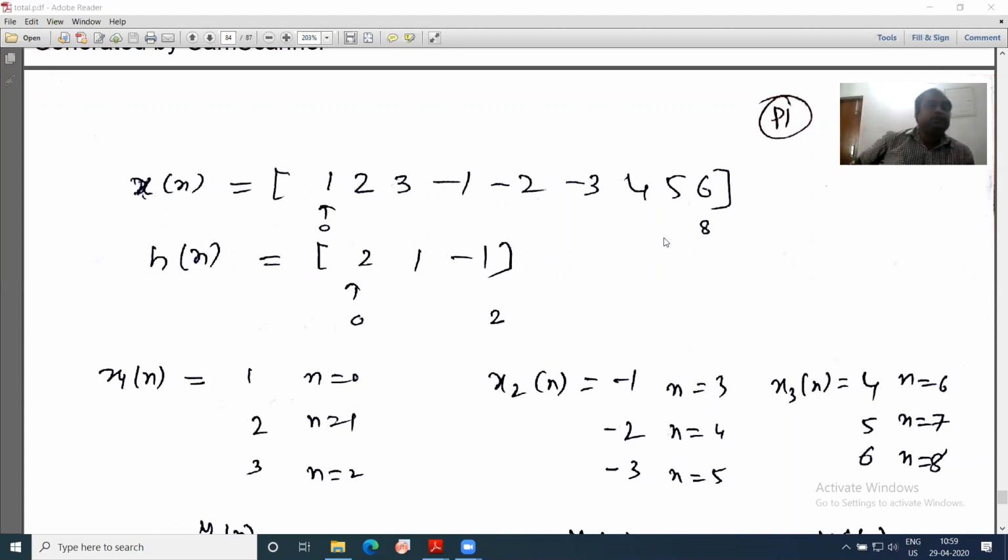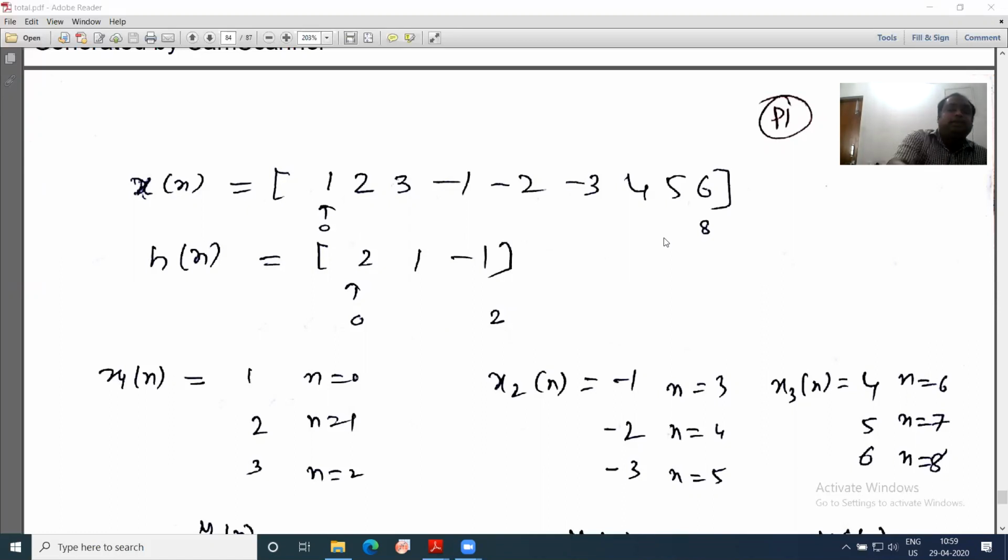Suppose you want to make the block size and h of n equal, that you can do. But suppose you have an even number of samples in x of n and an odd number of samples in h of n. In such a case, if you don't want to pad 0, you follow the same procedure we have done so far. You take an odd number of samples in the block.